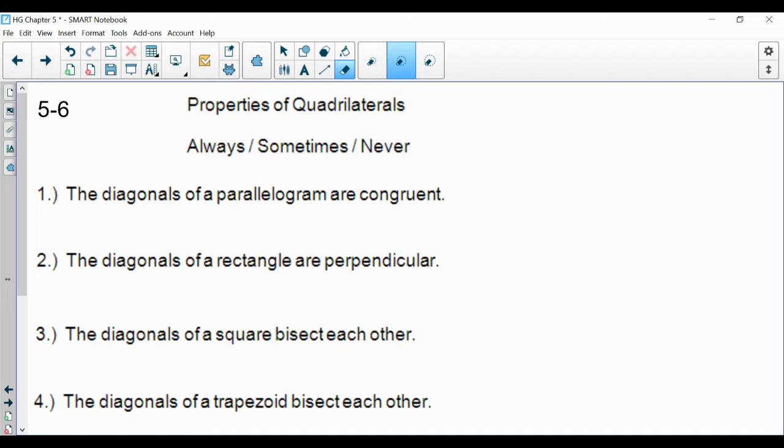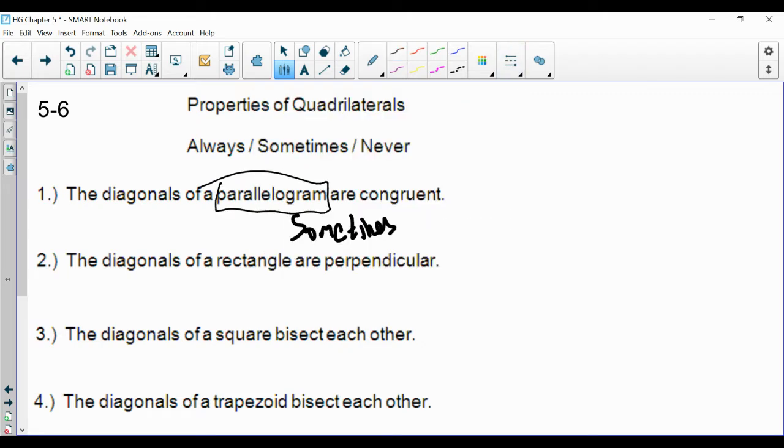Okay, so here we have the diagonals of a parallelogram are congruent. This is sometimes. Technically, all a parallelogram's diagonals have to do is bisect each other.